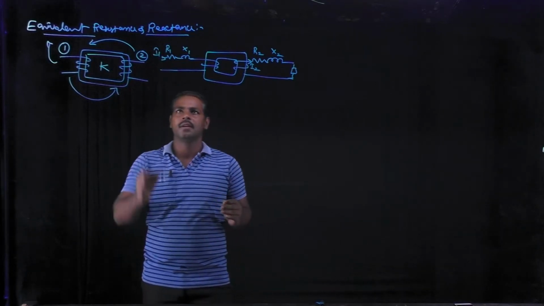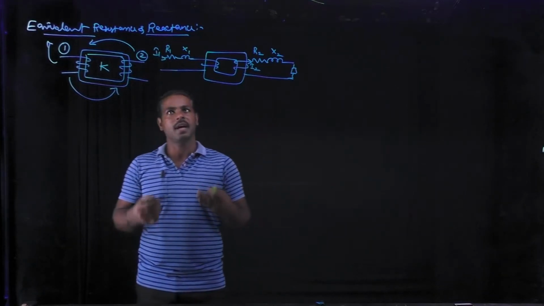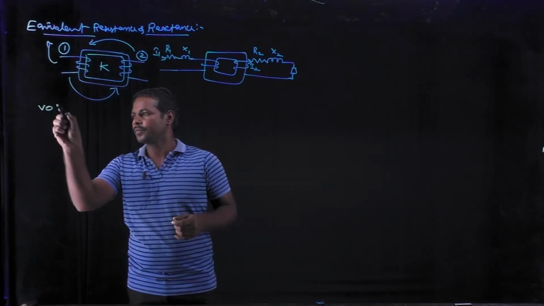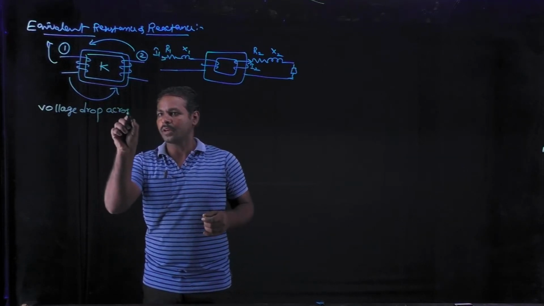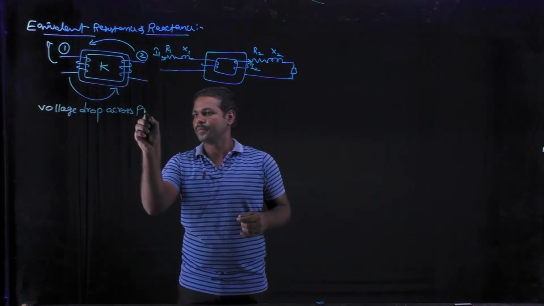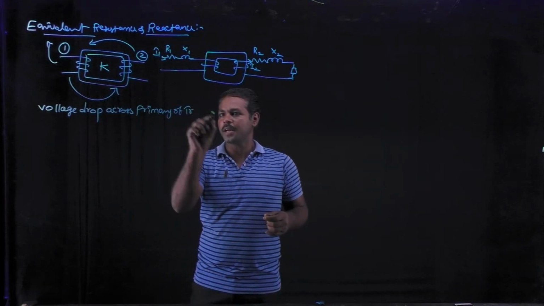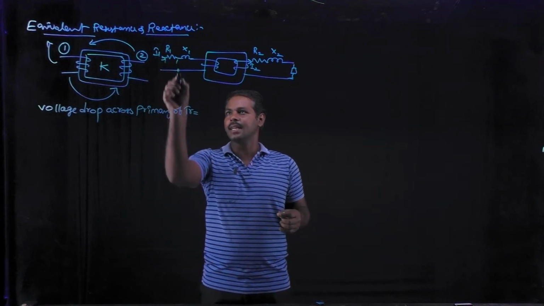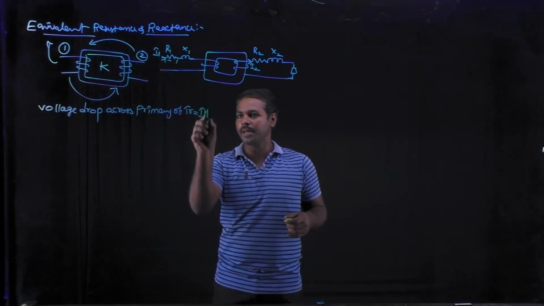First of all, we can find the copper losses in a transformer, otherwise the voltage drop across each element. Voltage drop across the primary of a transformer: for resistance, which is the first parameter, it is equal to I1 into R1.